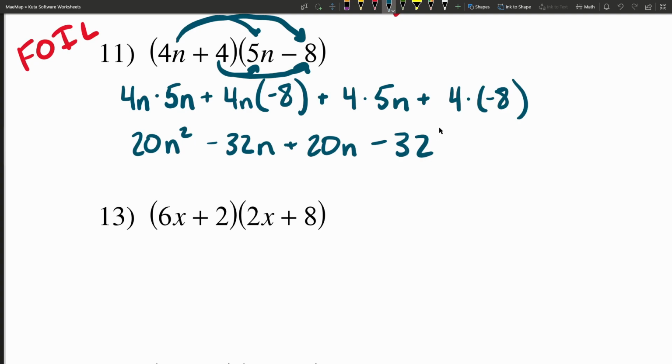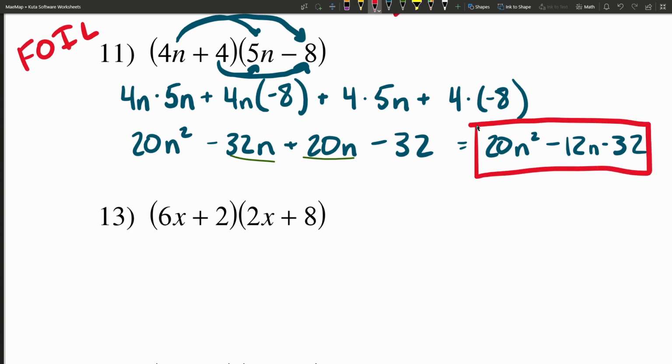Now it's just a matter of combining those two like terms, that 32n, which is negative or subtracted, with the positive 20n. And that's going to result in a negative 12n. So I'm going to get 20n squared minus 12n minus 32. And that is my solution for number 11. 20n squared minus 12n minus 32.